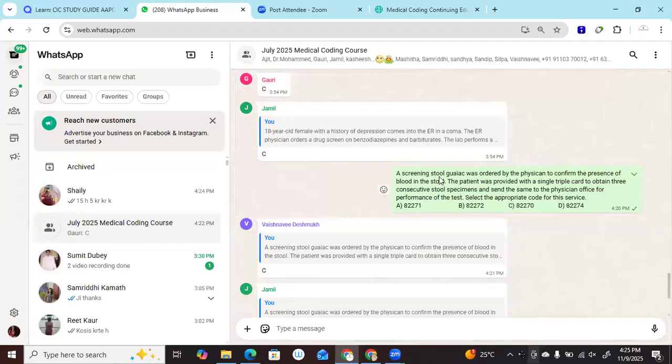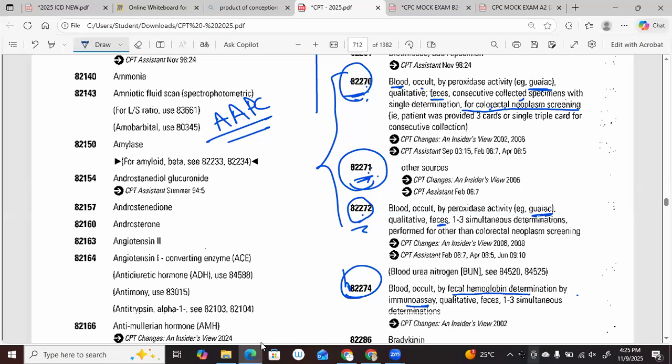We have to use 82270 because the patient is coming to get a screening here. So here we have documentation that a patient is coming for a screening. Whenever we have the word screening, that will represent the colorectal neoplasm screening. Clear? So the answer is correct. I just wanted to know the concept.